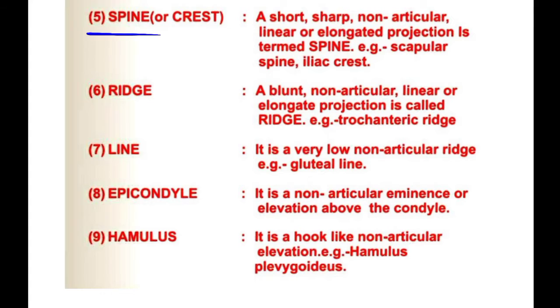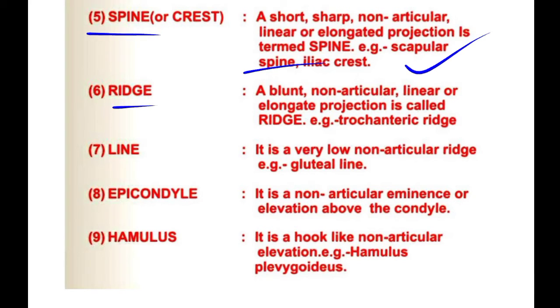Next one, spine. A short, sharp, non-articular, linear or elongated projection is termed spine, scapular spine, iliac crest. Remember this example. Ridge, a blunt, non-articular, linear or elongated projection, is called a ridge, trochanteric ridge.